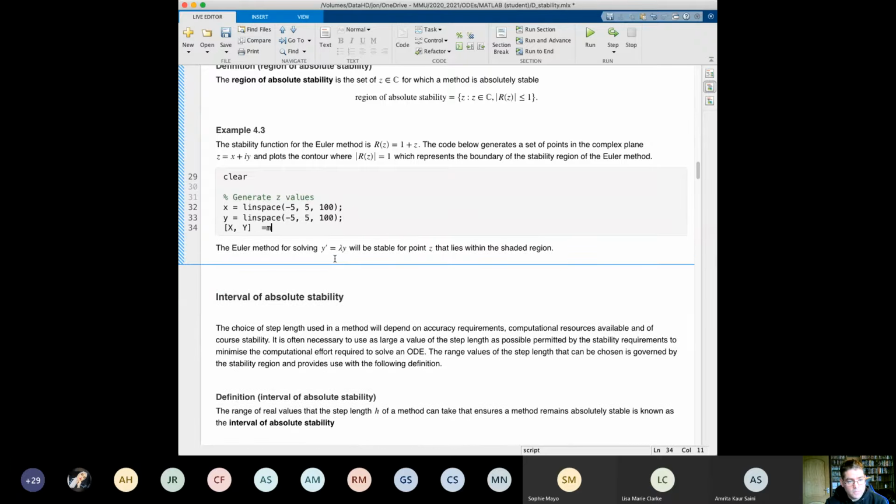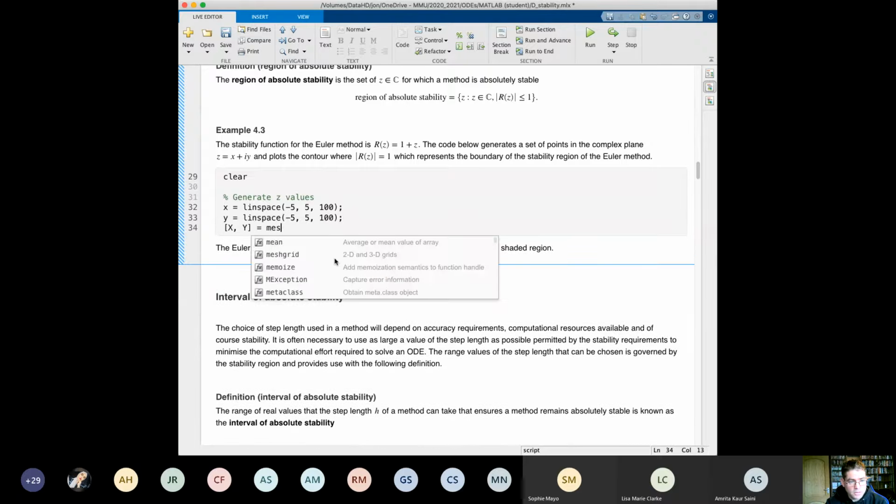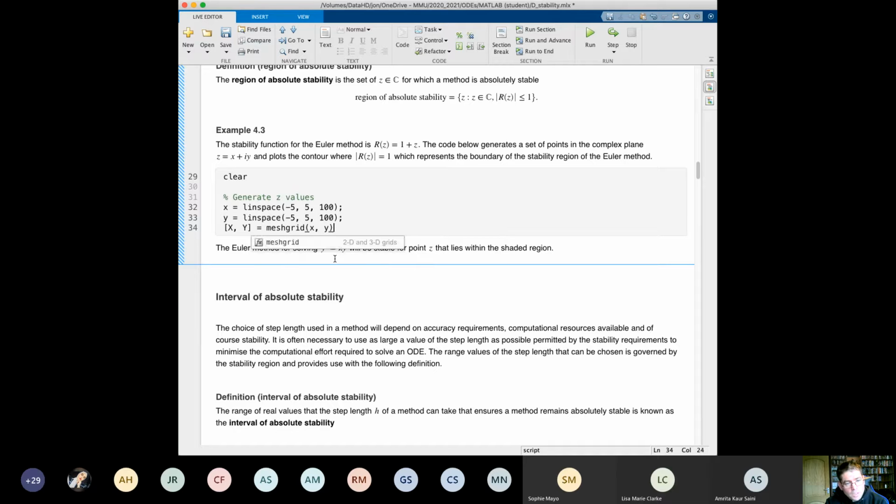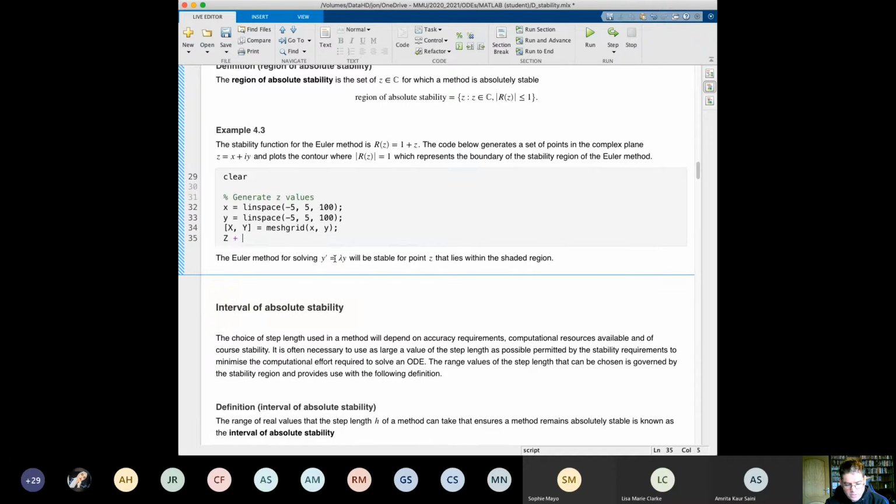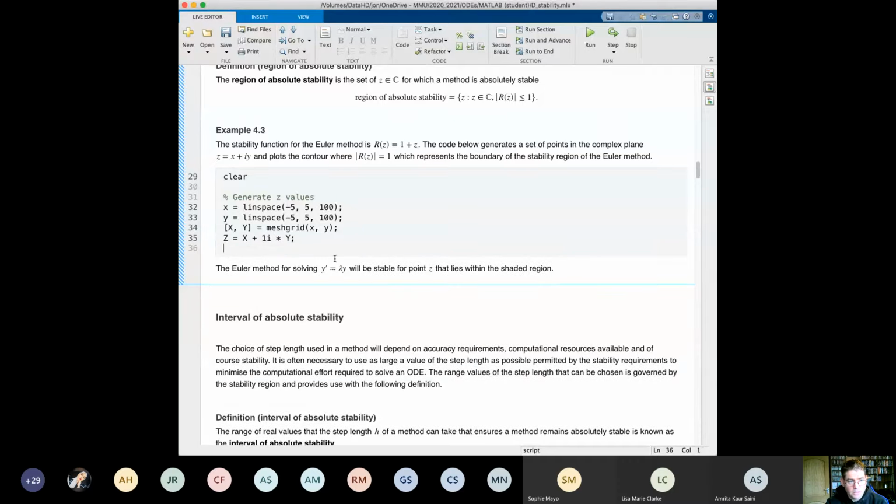Then I'm going to use a meshgrid command. This will turn my 1D arrays into 2D arrays, big X and big Y, and then I'm going to define my imaginary number. Okay, so Z, I've now got a 2D array Z of complex numbers.